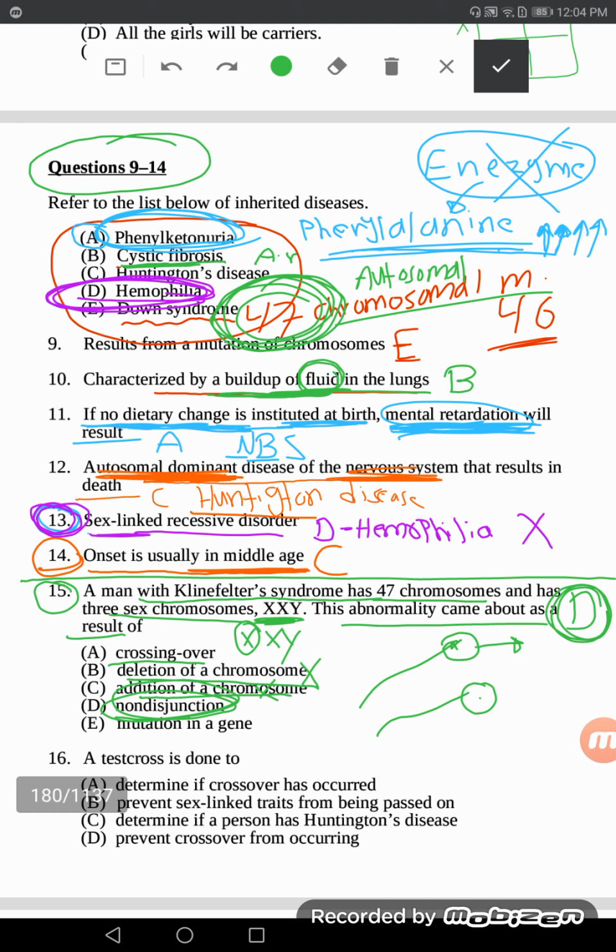So when this one combines with the gamete of the opposite gender, one extra chromosome will be formed. That's not from a mutation of the gene, because it's at the chromosomal level. We know we have two types of mutation: either it is at the nucleotide level inside a gene, or it is a chromosomal mutation. So the answer for this question is D, which means it is from non-disjunction.